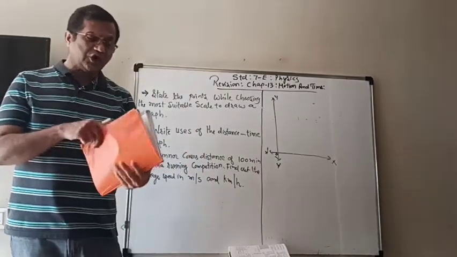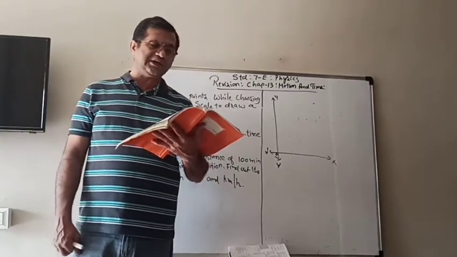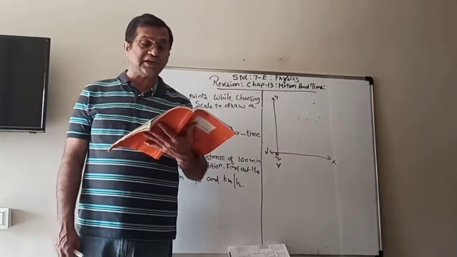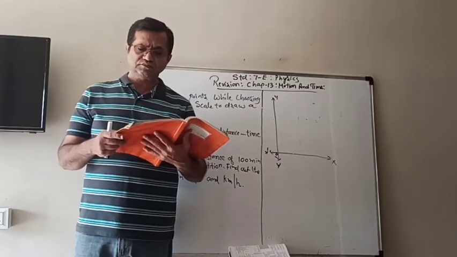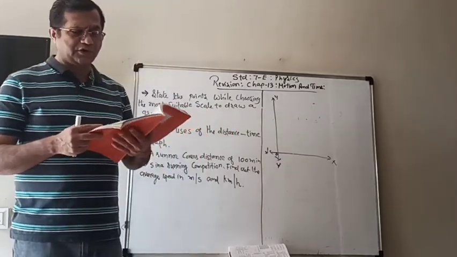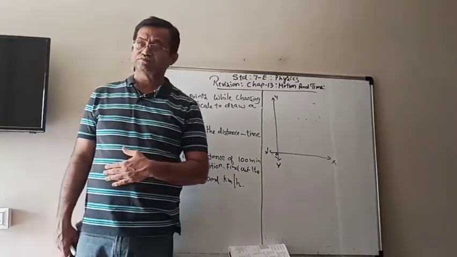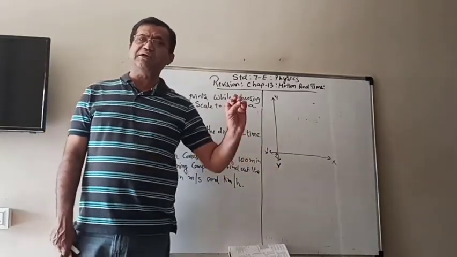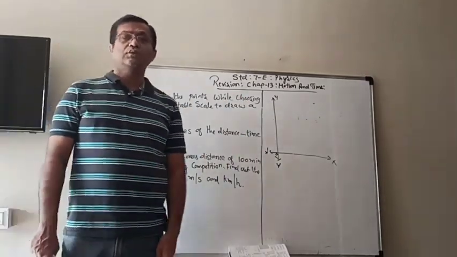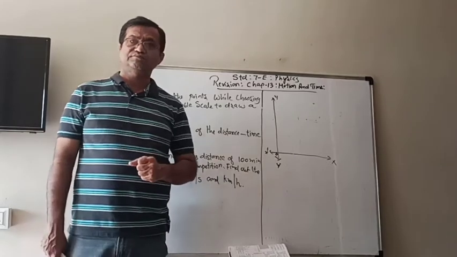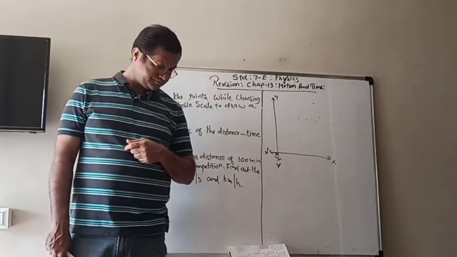But when we draw the graph, one more important thing is to choose a scale. Choosing a scale is very important, especially on the y-axis. On the x-axis it will be a little simple, but on the y-axis, when we have to put a distance here, some points should be kept in mind.